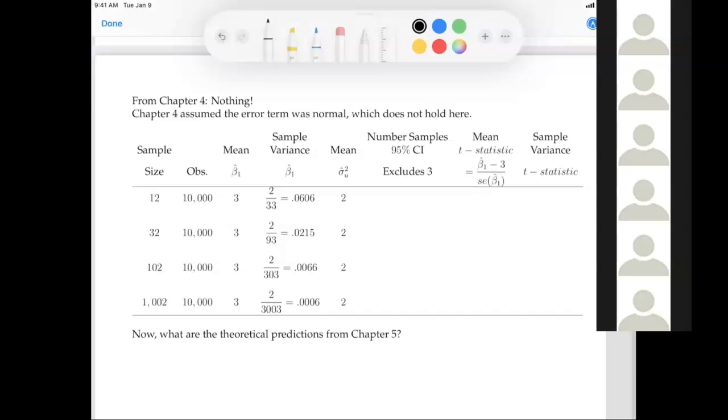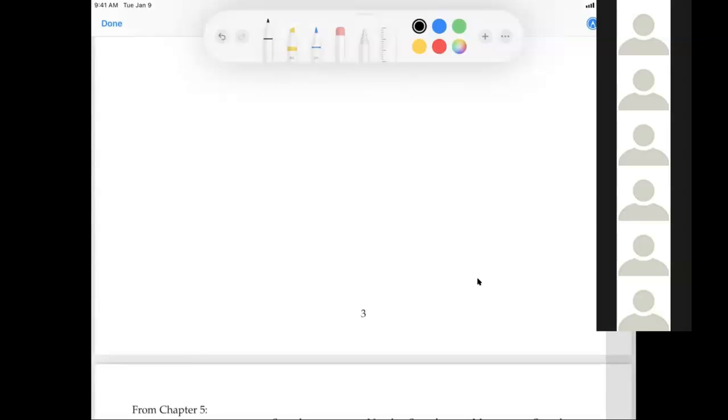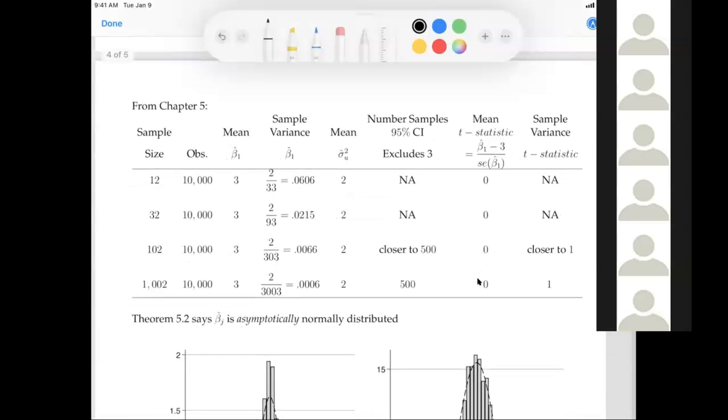And I'm going to go ahead and just cut to the chase here and say, what do we get from chapter 5? Here's basically what we get. Number of samples that the 95% confidence interval excludes 3.